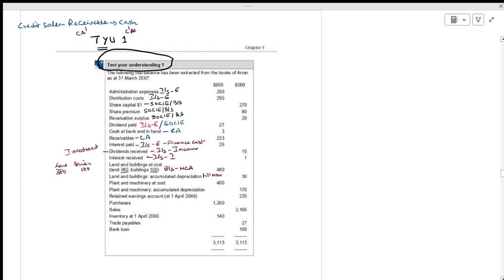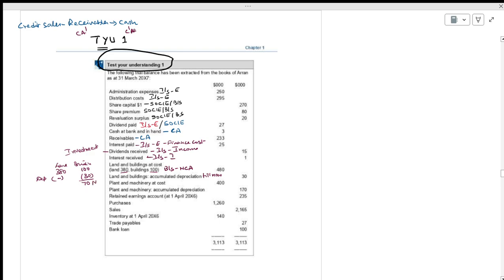Now land, there will be no depreciation, never ever. Buildings, by default you should understand this is accumulated depreciation. Till now the depreciation is 30. Means 70.